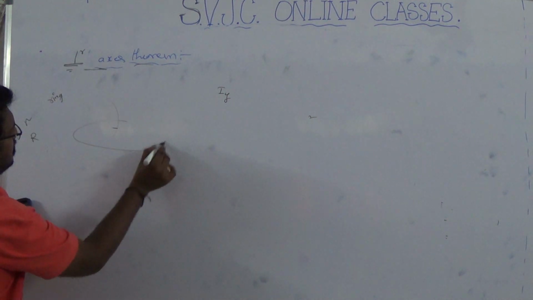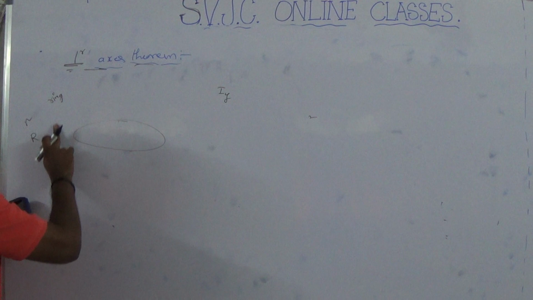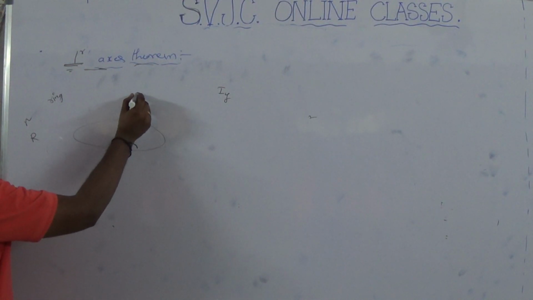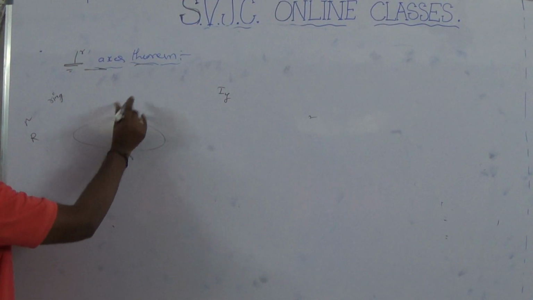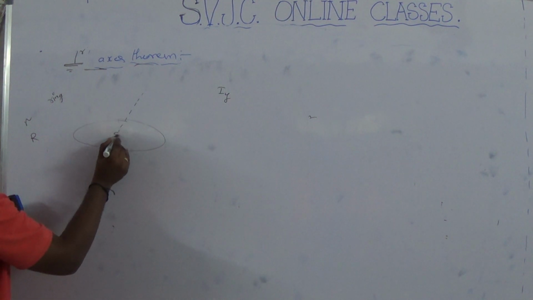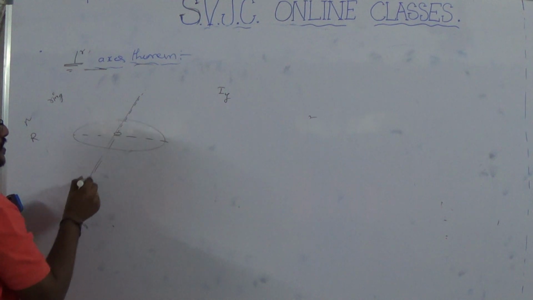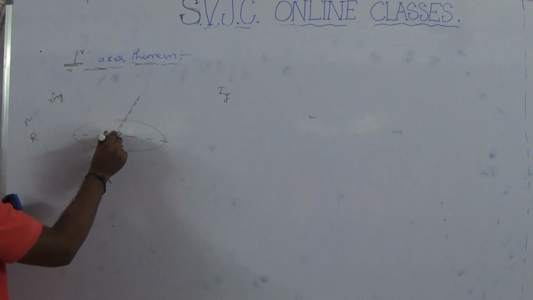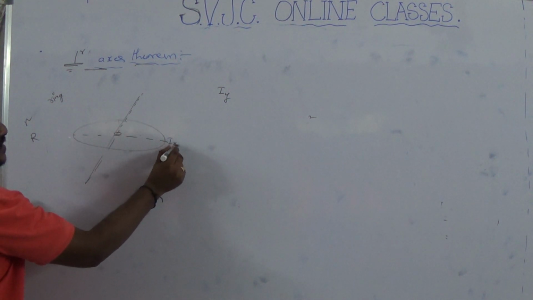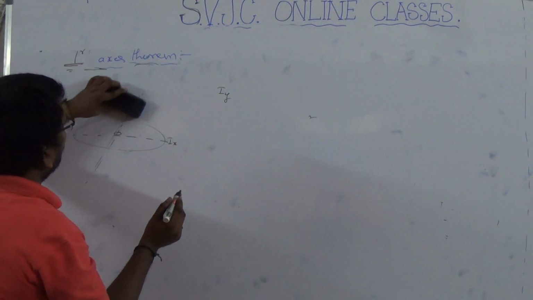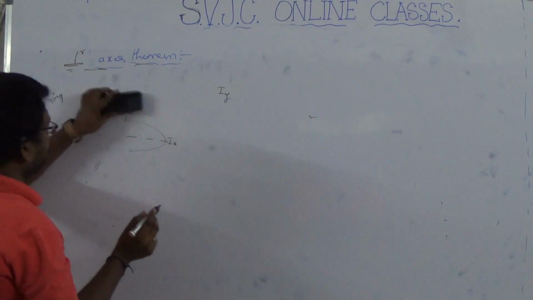So just like this, assume yourself. This is the axis passing perpendicular like this. Now this is one diameter, this is another diameter. Now this is the axis Iz, Ix, Iy.